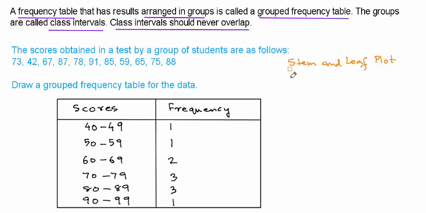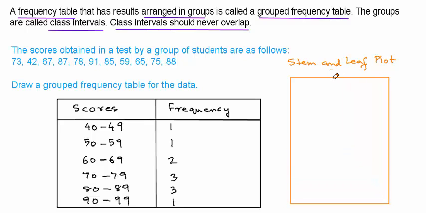In a stem and leaf plot, you have the stems on one side and the leaves on the other. Stem and leaf. The stems are the tens or the other significant digits.